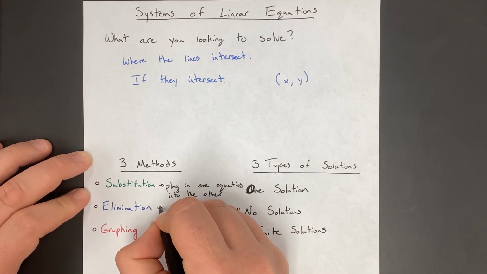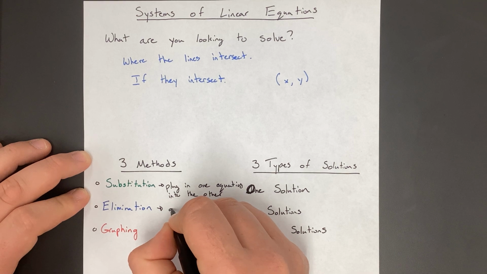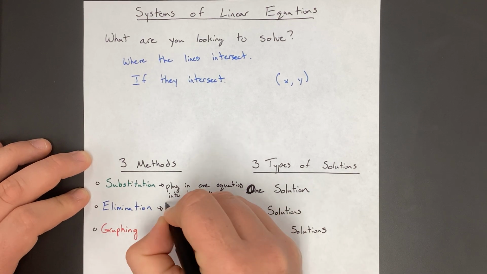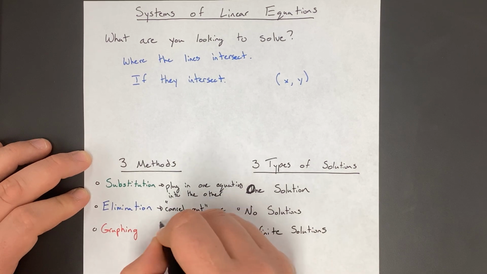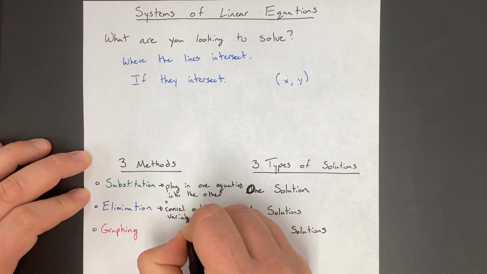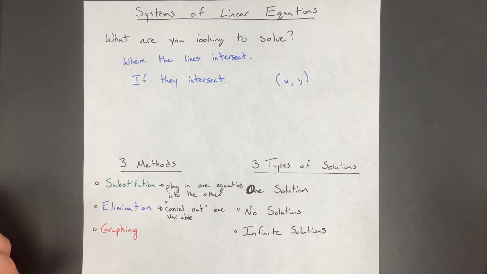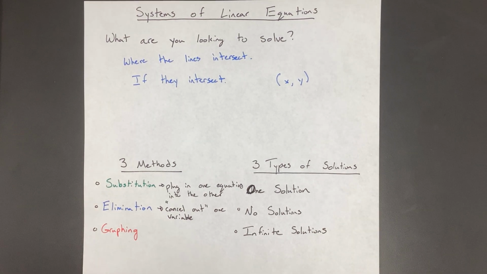With elimination, we are going to look to cancel out or eliminate one variable, and then we'll solve from there. Graphing, we're going to graph both of the linear equations like we would with graphing lines and see where they intersect, if they intersect at all.